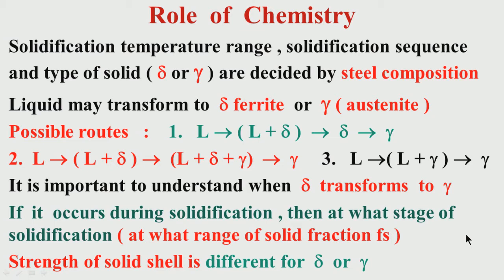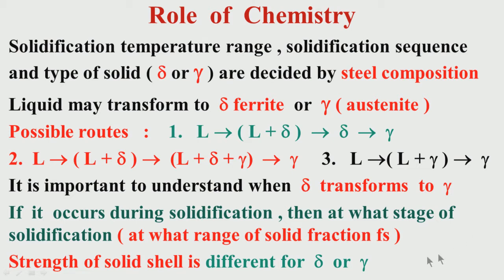And why is this important, how solidification is taking place? Because the strength of the solid shell for delta and gamma are different. It has been found that delta ferrite is relatively soft, and austenite, I am talking about high temperature strength. All this solidification means relatively high temperature properties are important.